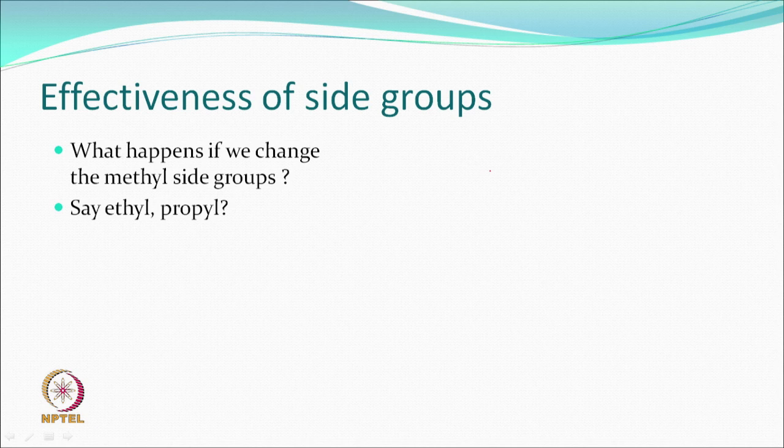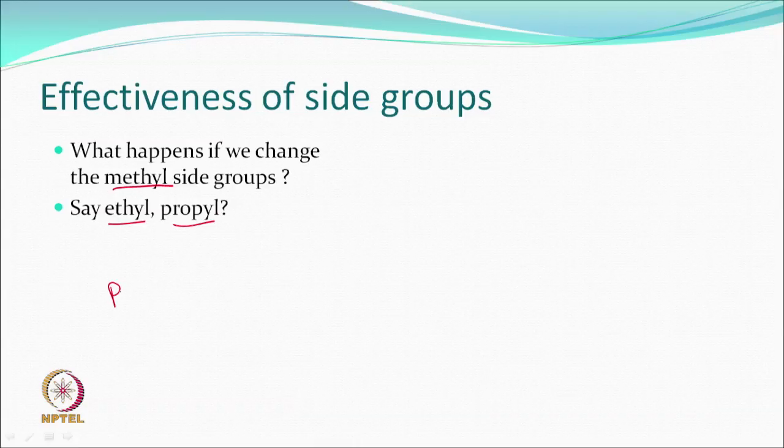Now, somebody asks, well, this is very good. Now, if you just can arrange the methyl groups around the surfaces in the way we have just described, then we can do a better job. If instead of methyl groups, we use ethyl or propyl, because they are more carbon, and more carbon means more hydrophobicity, and if so many such groups are arranged, then what happens?